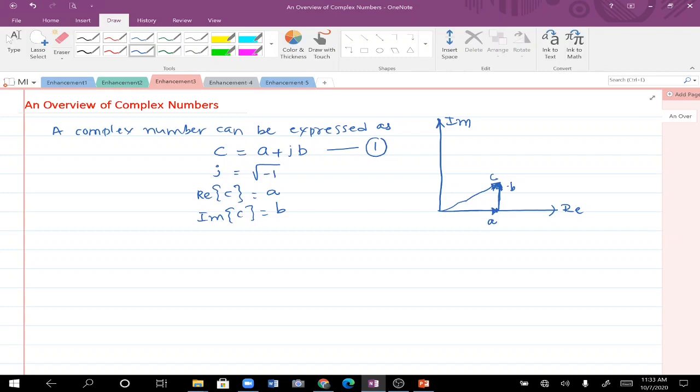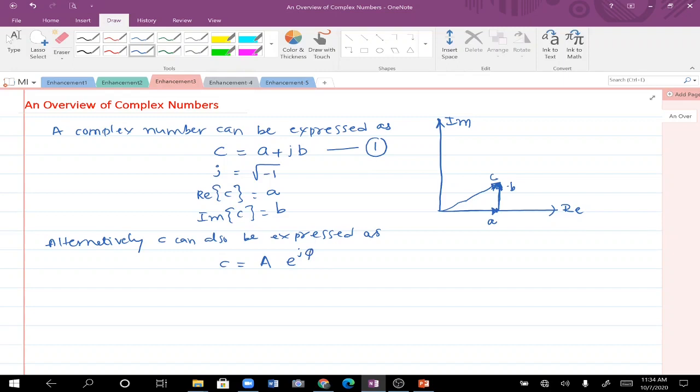Now alternatively, if we want to represent this complex number in a magnitude-phase form, that is also possible. So how do you write that? Alternatively, C can also be expressed as C equal to A e power j phi, where A is the magnitude and phi is the angle.